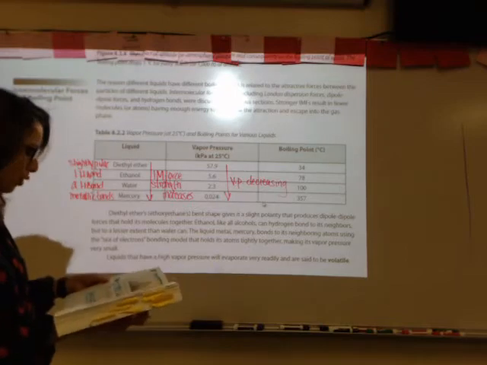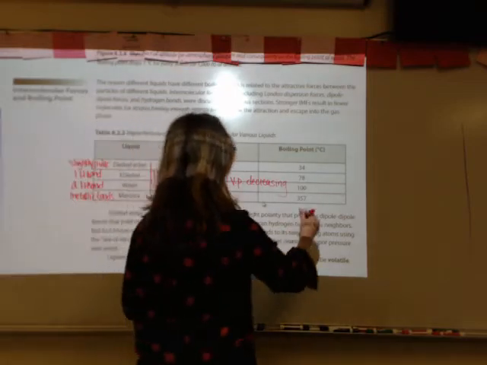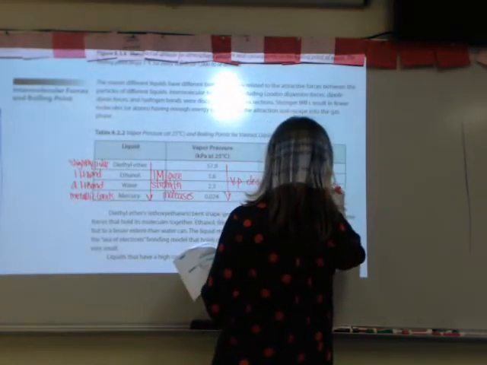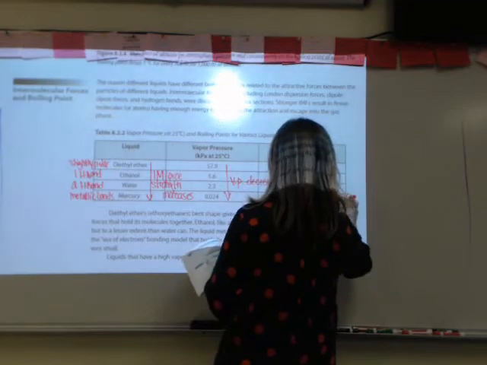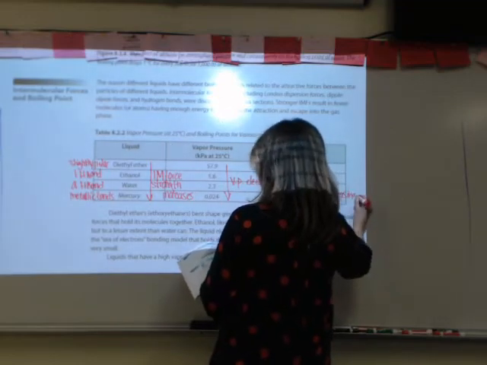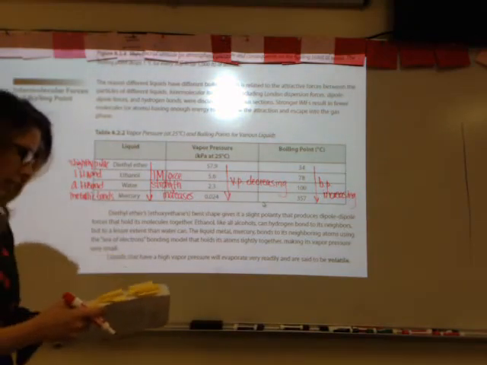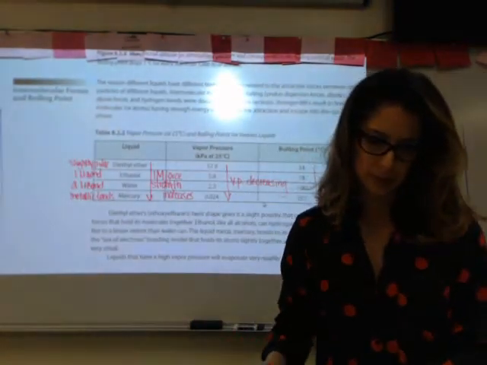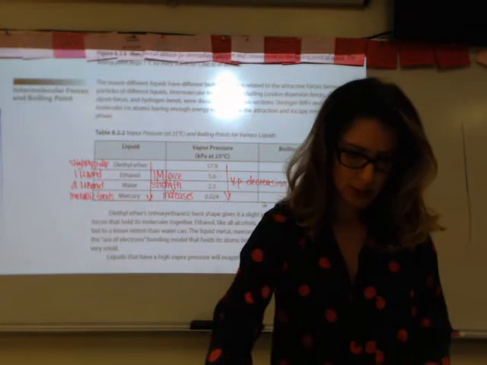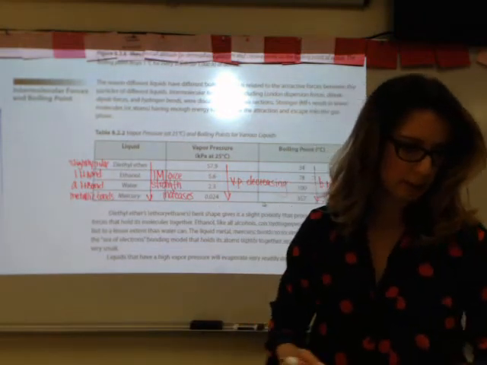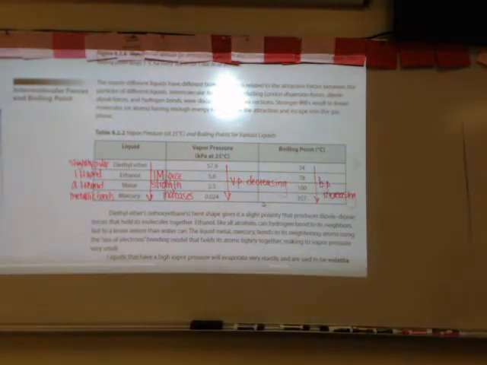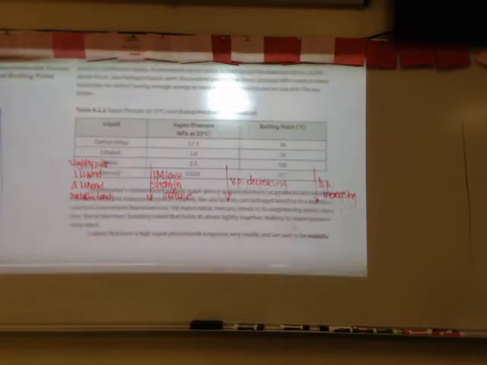That's why the vapor pressure is decreasing. And you'll notice that the boiling point is increasing as my intermolecular force strength increases. Let's take a look at the quick check on the next page.